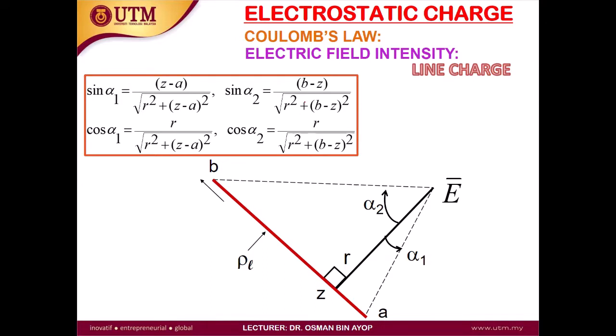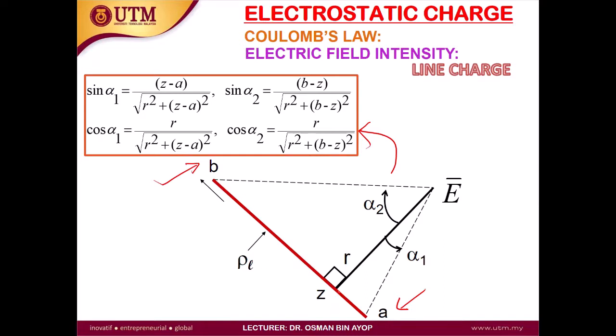This one also, how to determine alpha 1, alpha 2 in terms of sine and cosine. This is z over a, and then we have b over z. Basically a is here, the lowest point of the rho L, and then we have b here, the highest point of our rho L, and then we have z here.